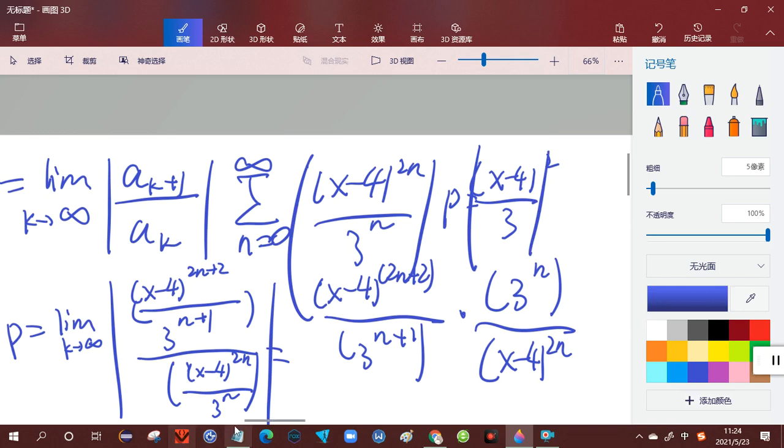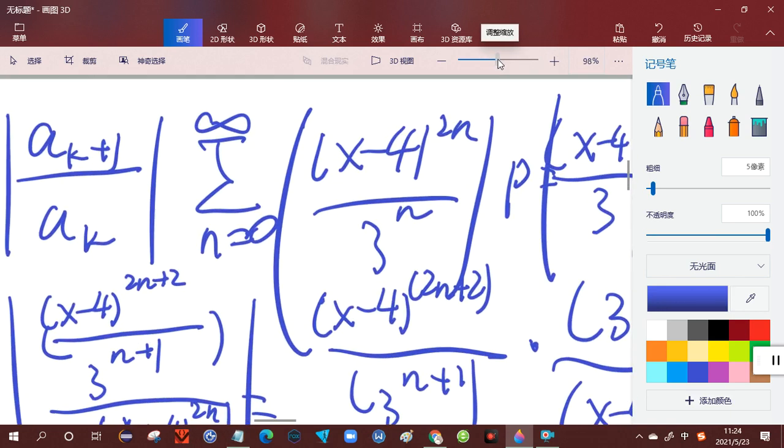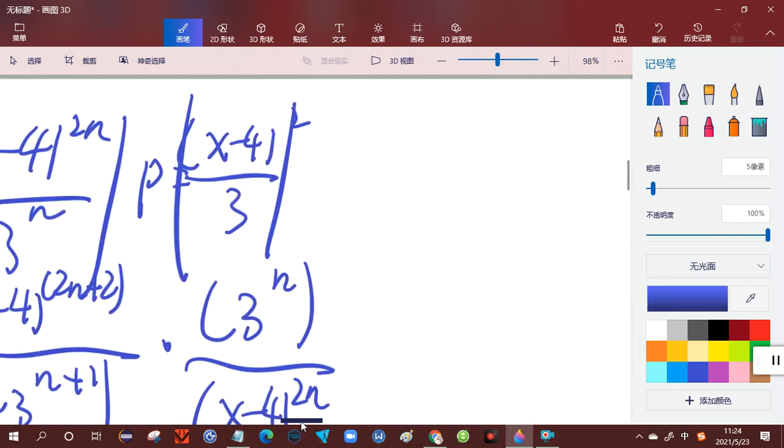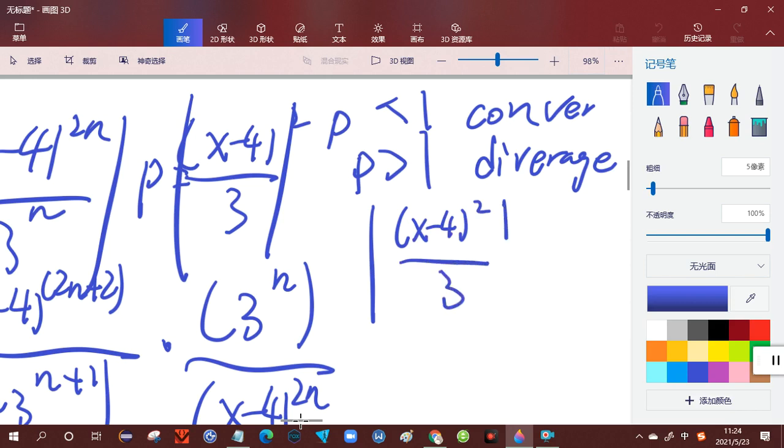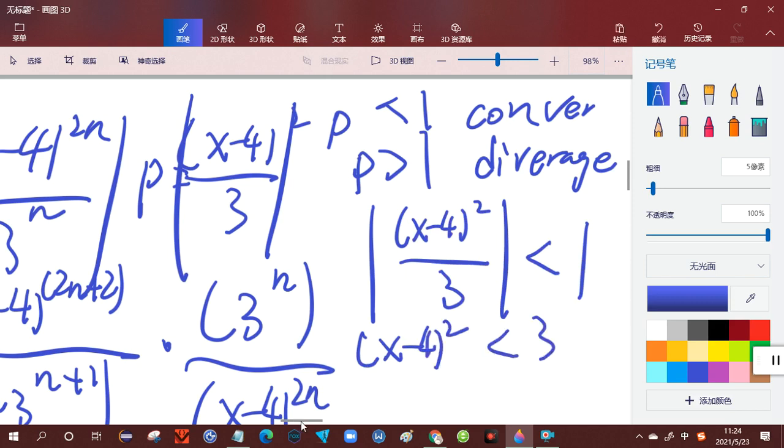So we can acknowledge the fact that when p is less than 1 it converges, and when p is larger than 1 it diverges. Let's use this rule. So we know that (x minus 4) squared is less than 1. The first case is that x minus 4 is less than root 3, so x is equal to root 3 plus 4.